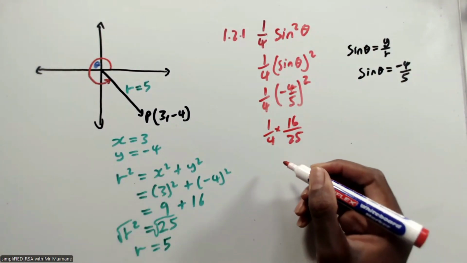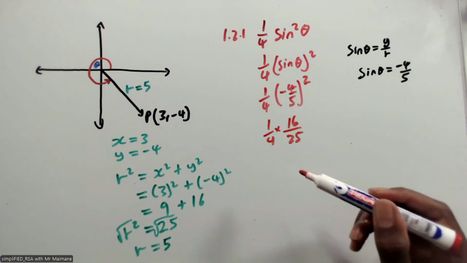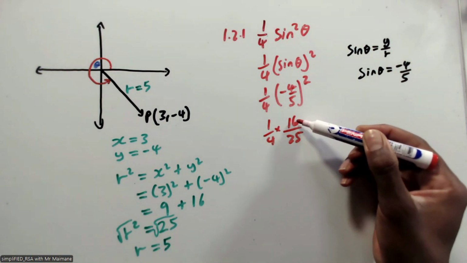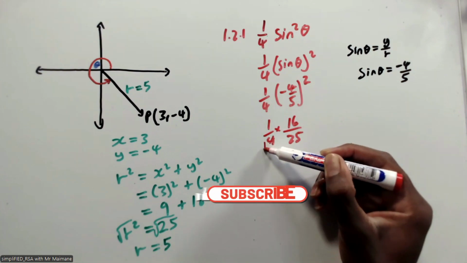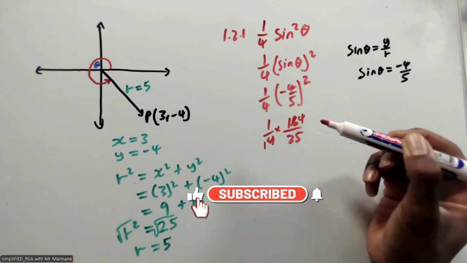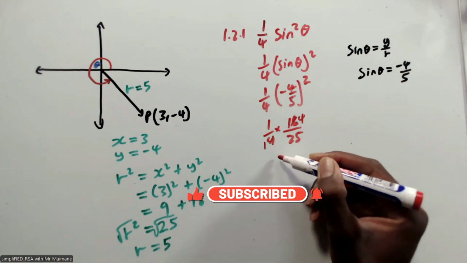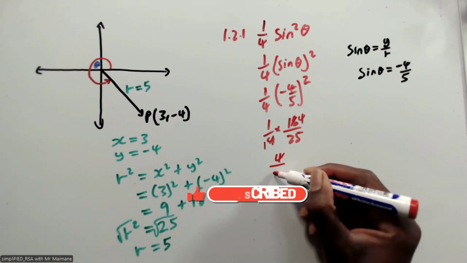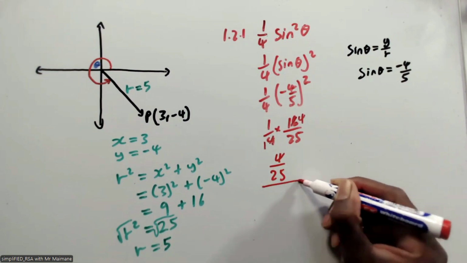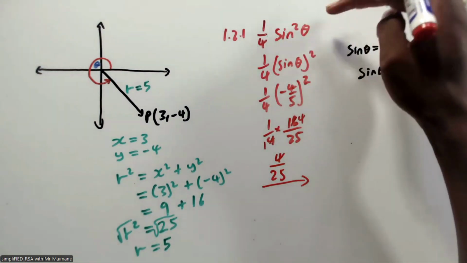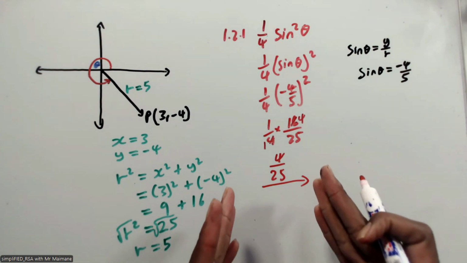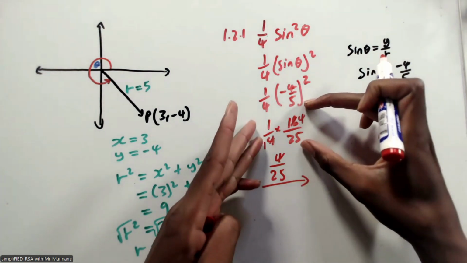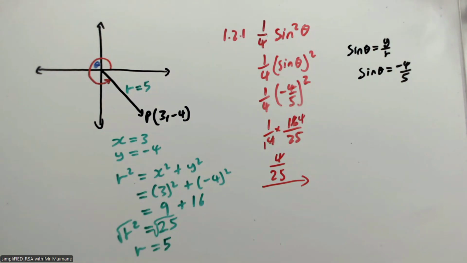And then if I simplify this further, obviously 4 goes once into 4 and it goes 4 times into 16. Therefore, 1 times 4, my final answer would be 4 over 25. That would be the value of 1 over 4 sine squared theta. But otherwise, if you are not sure of this, you can punch it on a calculator right ahead from here. But at the end of the day, this is what we get.